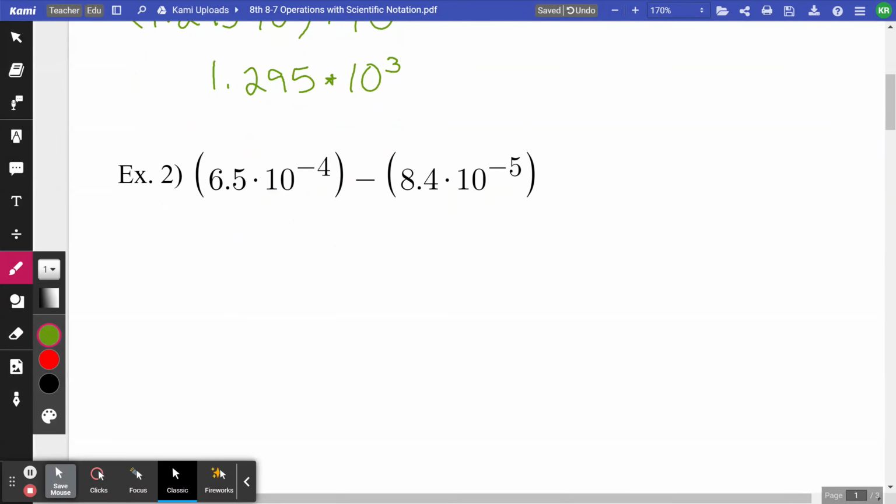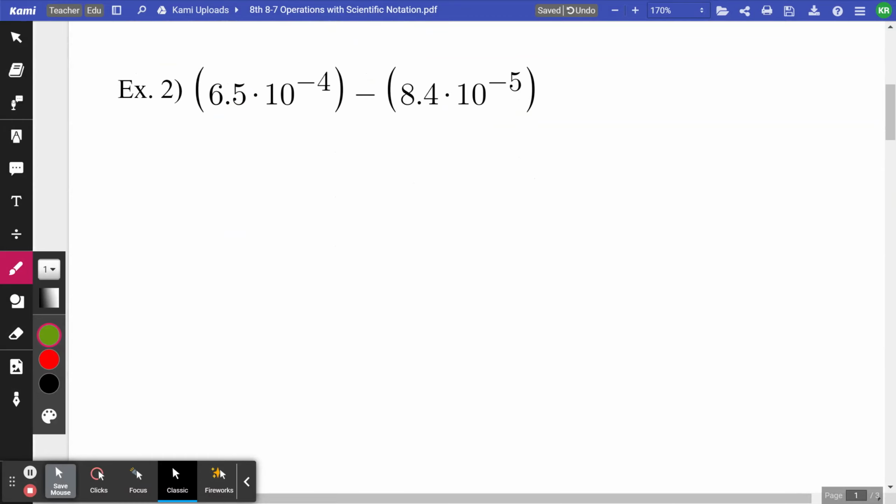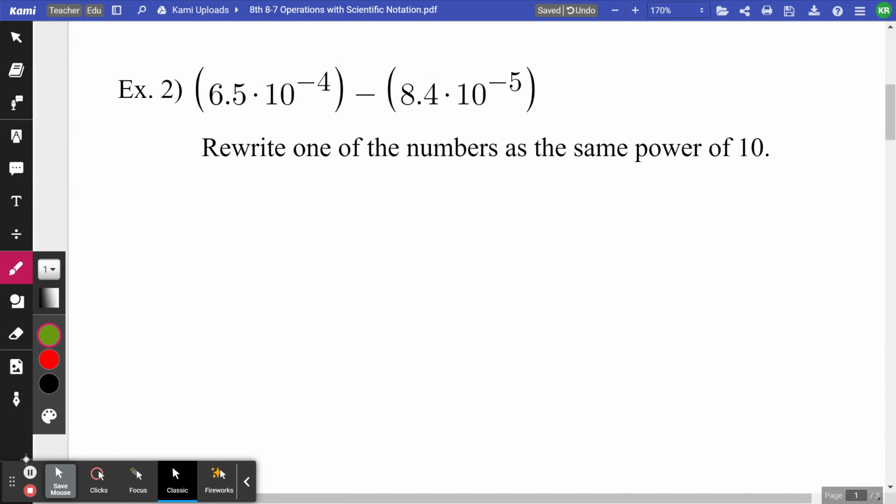So for example 2, you have 6 5/10 times 10 to the negative fourth minus 8 4/10 times 10 to the negative fifth. What we're going to do here is rewrite one of these numbers as the same power of 10, because if we don't have the same power of 10, we can't do this.